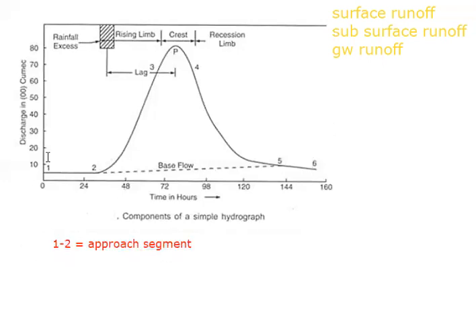So this 1 and 2 is the approach segment. Now, to know about the approach segment: it indicates a condition when the stream is fed by groundwater flow or the base flow.